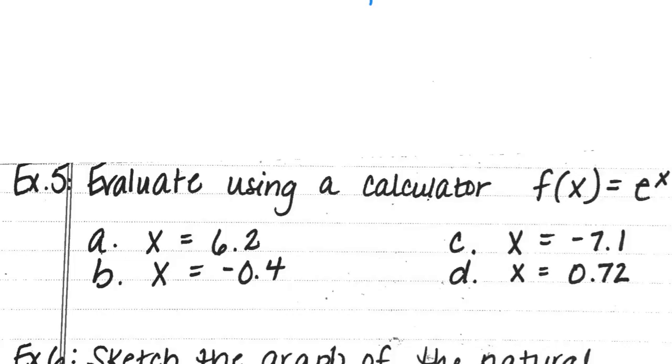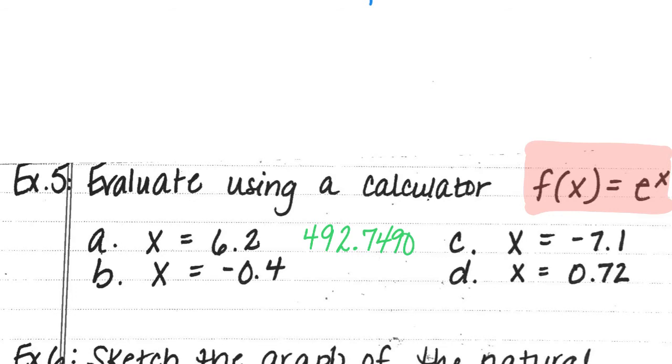The next questions are just asking you to put this into your calculator. So on your calculator, you're going to take this equation right here, f of x equals e to the, and the first one is going to be to the 6.2. And when I put in 6.2, I get 492.7490. It does say to write the value to 4 decimal places.